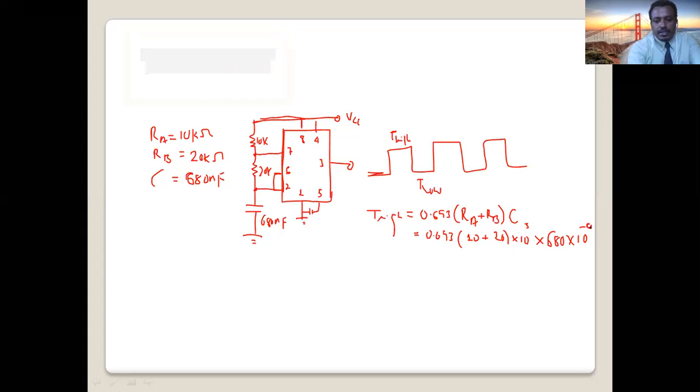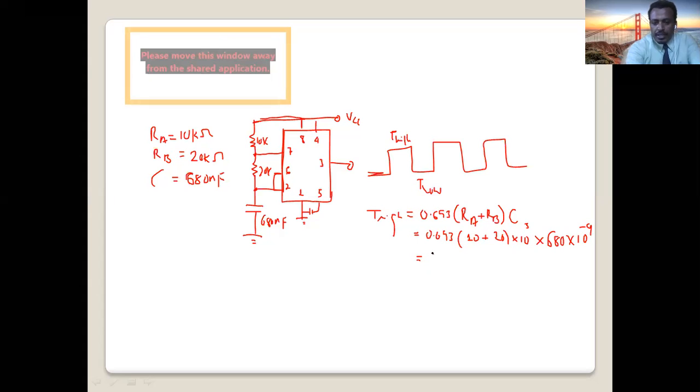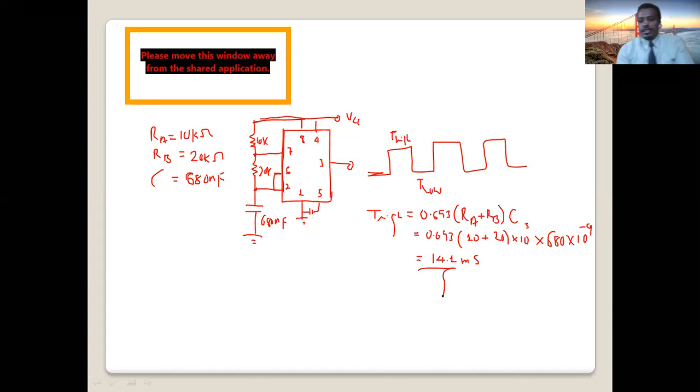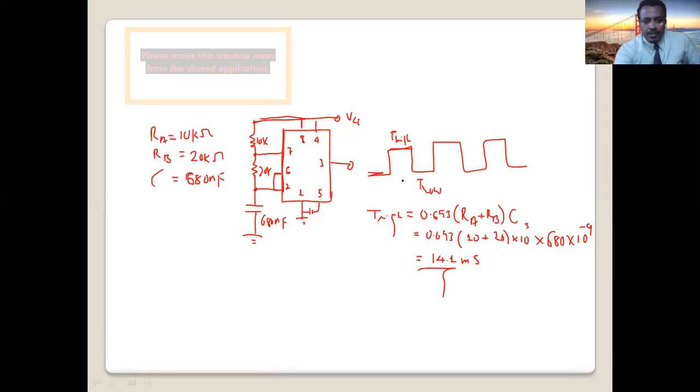So if you calculate this, we get 14.1 millisecond. So this output is on only for 14.1 milliseconds. For this time period, this timer output is on. Okay, you see, it's a very simple design.